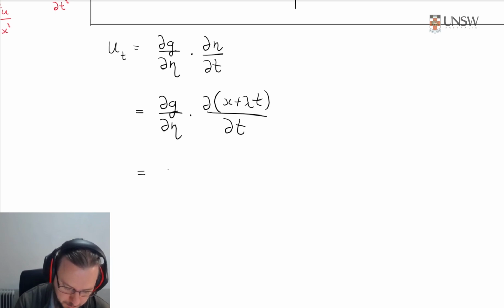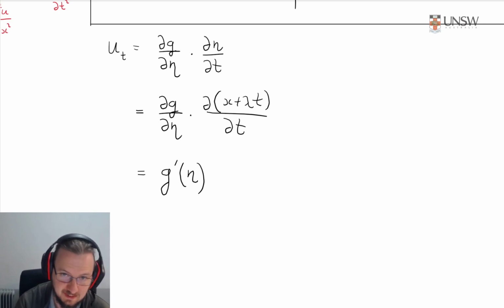Now, as before, this first one, g is just a function of eta, so the derivative of that is just with respect to eta. And if you want to look at the partial derivative of x plus lambda t, well, again, x doesn't depend on t, and lambda is a constant.